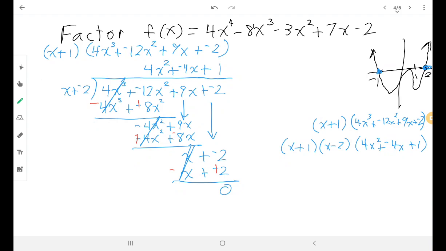Okay? And the nice thing is that once you have it in squared form, you can set it equal to 0, complete the square, get your two answers, solve them each for 0, and that gives you your other two factors. So we'll do that in a moment. I'll let you look at the long division again. Let me know if there are any questions.